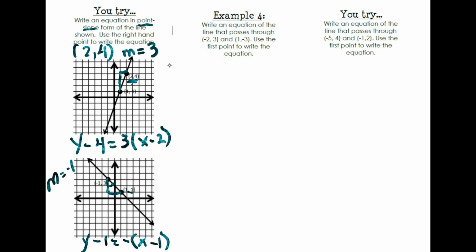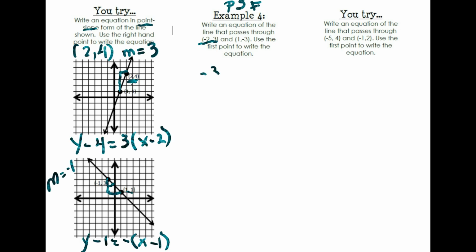All right, so it says write an equation of the line that passes through the point -2, 3 and 1, -3. Use the first point to write the equation. Well, this is called point slope form. What are you missing? You're missing the slope, because clearly you have 2 points and they told us to use the first point. So we need to find the slope of the line.